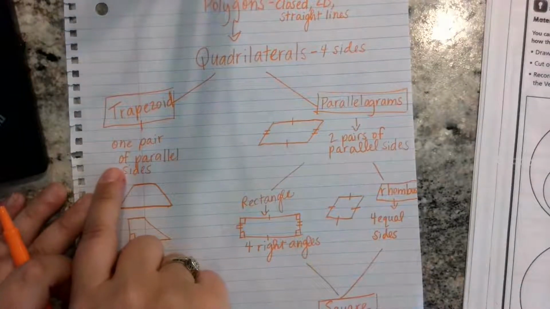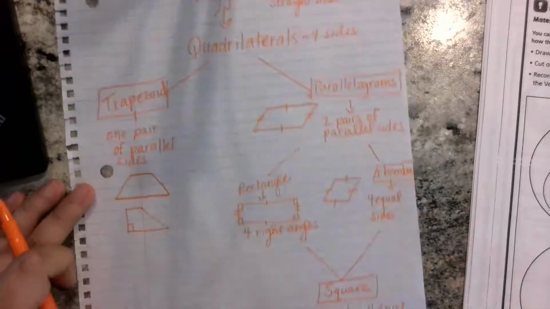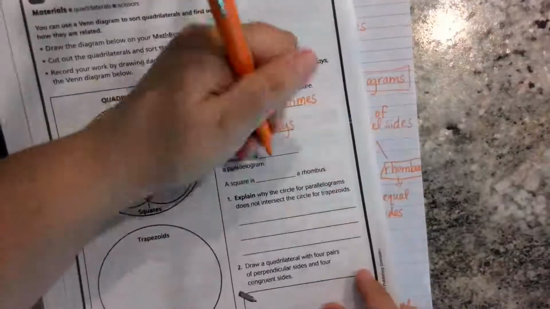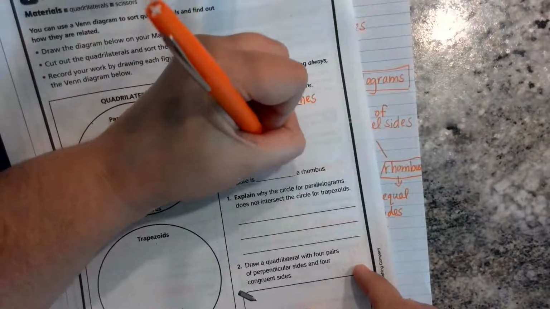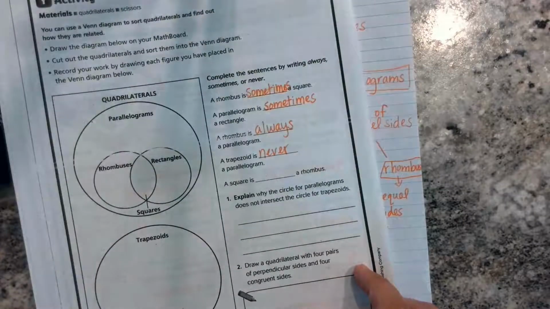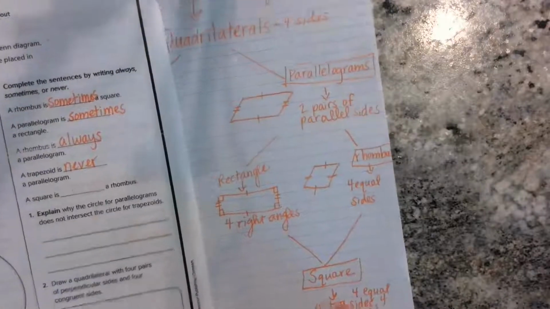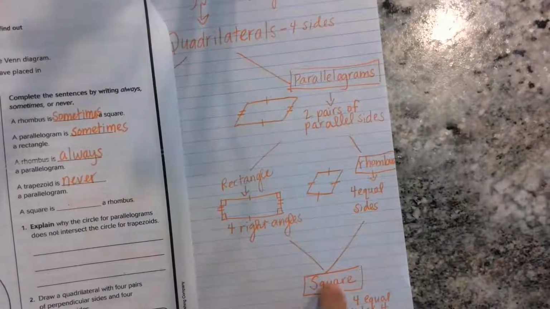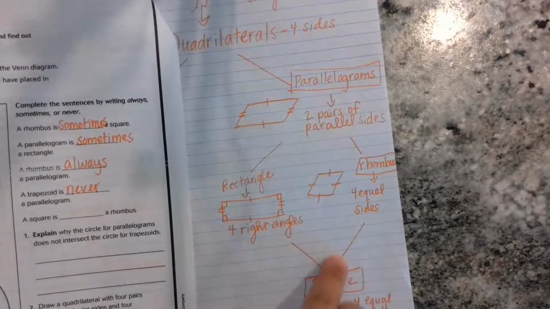A trapezoid can only have 1 pair of parallel sides. So we're going to write never on that line. And a square is always a rhombus, because remember what's down here, we can call it anything above it.